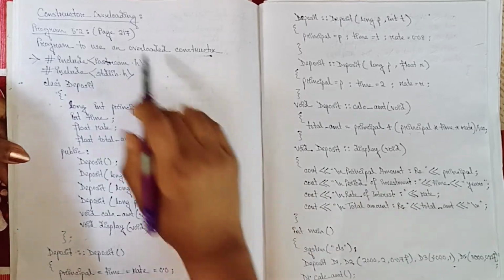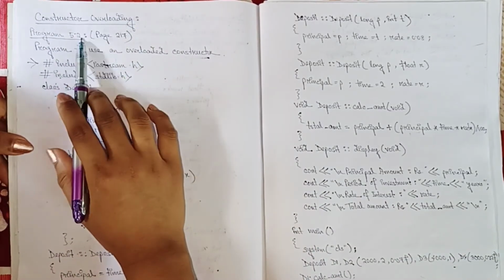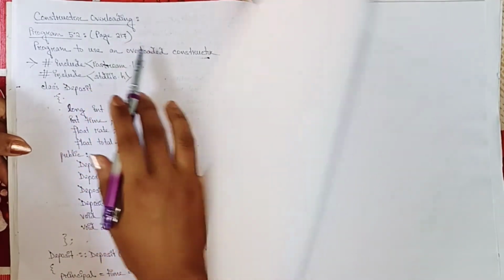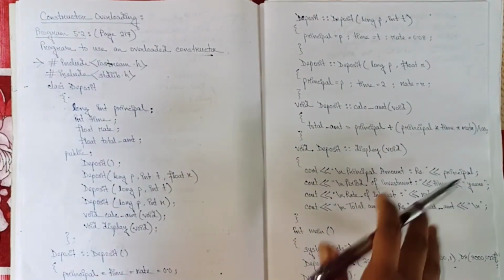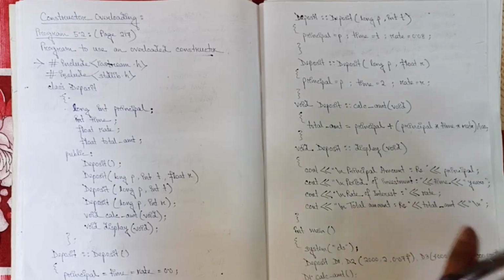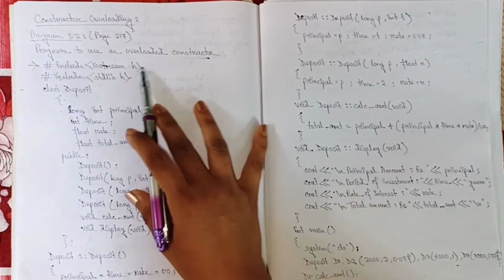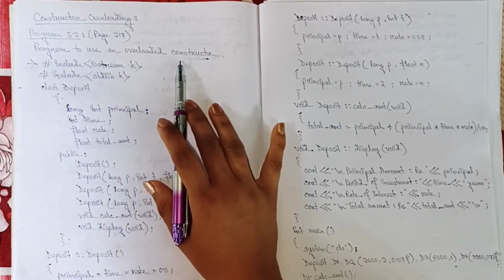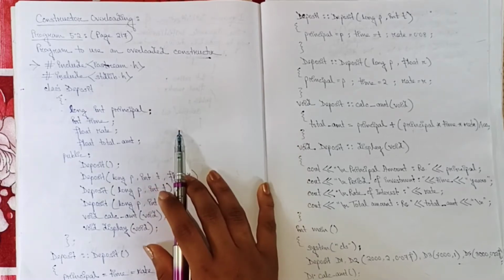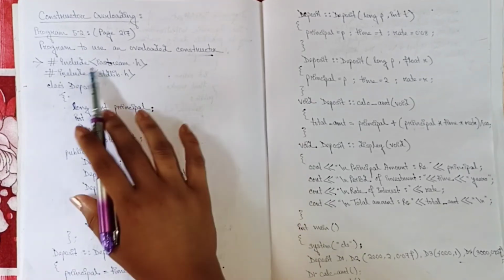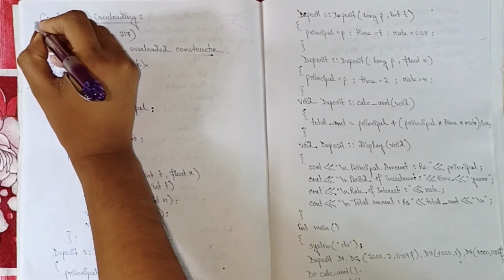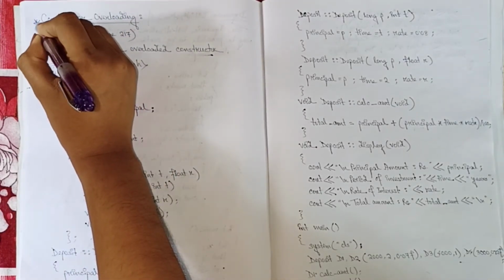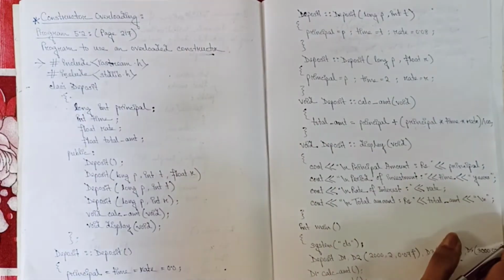This particular program is on page number 217 of your book, and it is program number 5.2. This program tells us how we use the overloaded constructor. This program is very important, so you have to make notes like the way I am writing here.